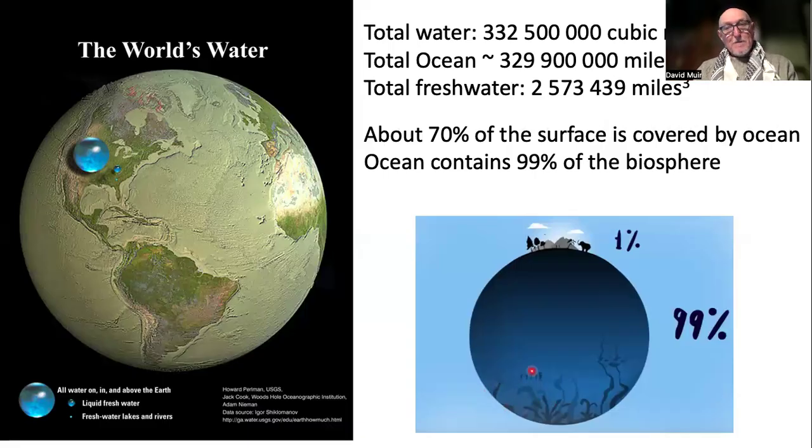There's something important to be said about that, and that is we actually know very little about the oceans. Given their size and given the diversity of habitats and ecosystems in the oceans, we know very little about the functioning of the ocean. And we know even less about different species.